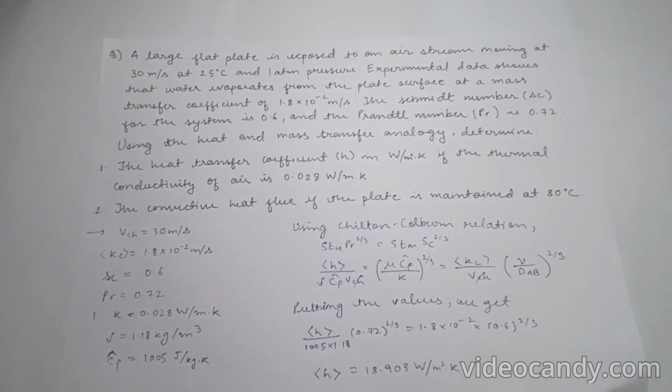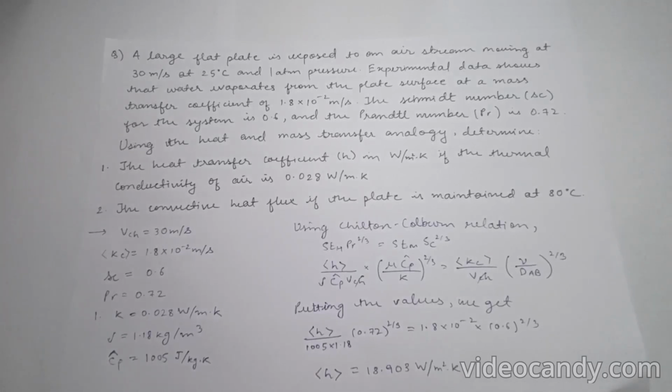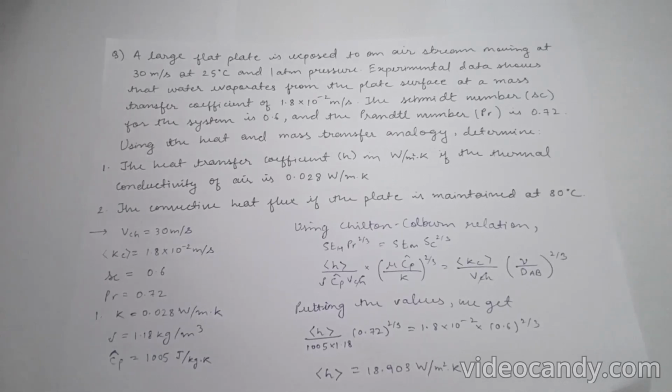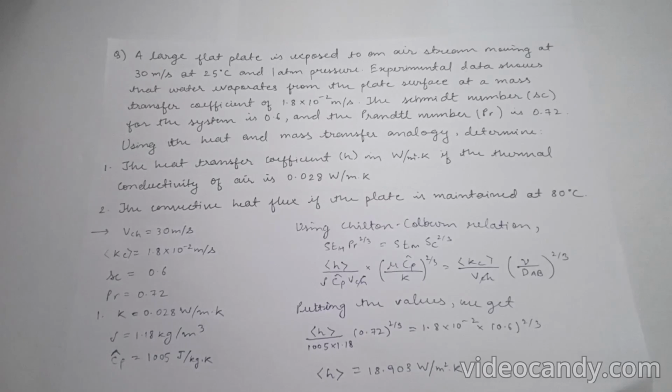If we look at the question, we don't need to convert any units as the units are already consistent. The thermal conductivity is 0.028 watt per meter Kelvin. The density of air we assume as 1.18 kg per meter cube. The heat capacity of air we take as 1005 joules per kg Kelvin.